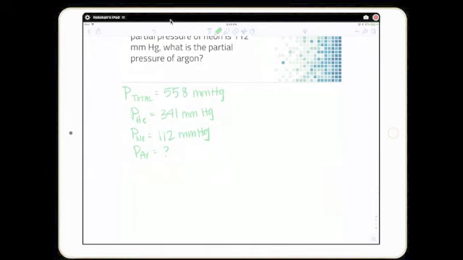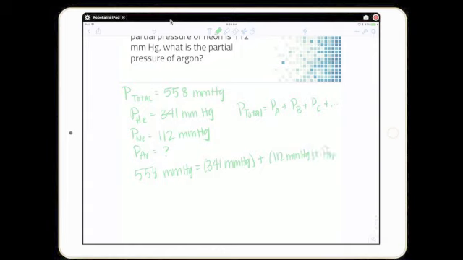Well, Dalton's law of partial pressures says the total is equal to all the parts. Okay, so 558 is equal to 341 plus 112 plus pressure of argon.